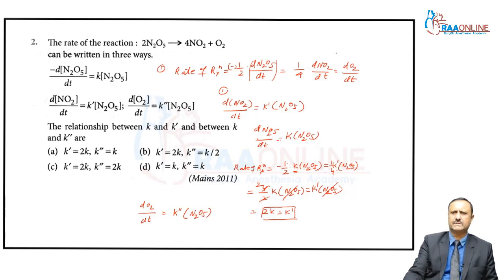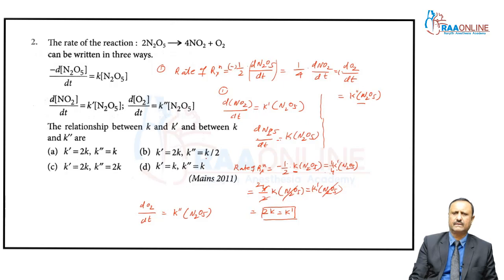Here my dear students, in place of d[O2]/dt, it is K double dash here, you can put these values: K double dash [N2O5].